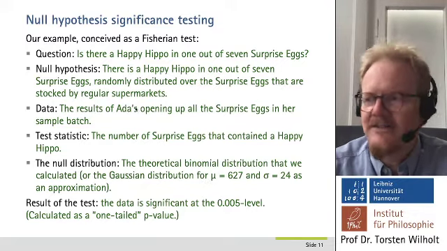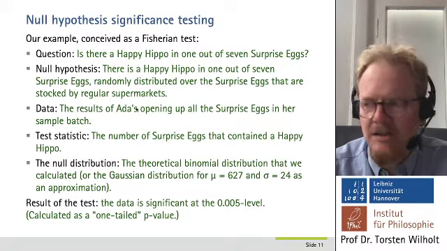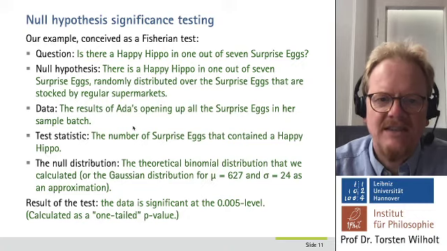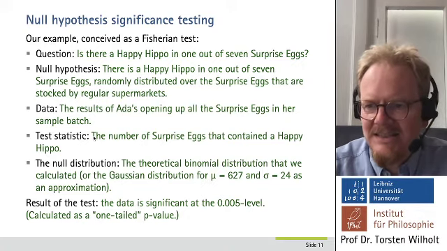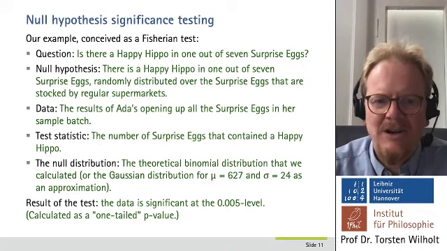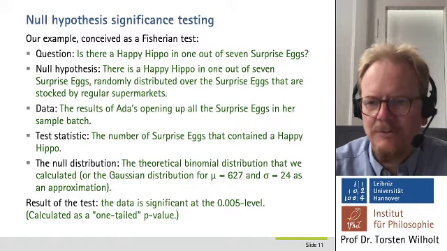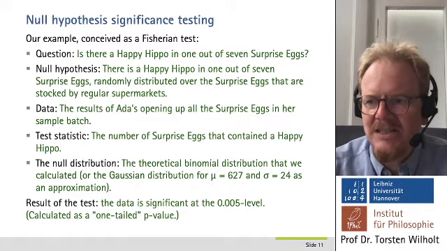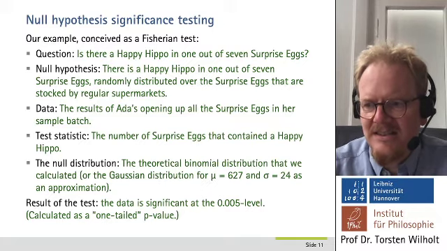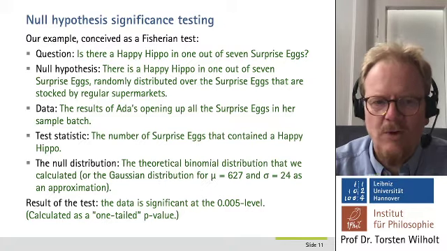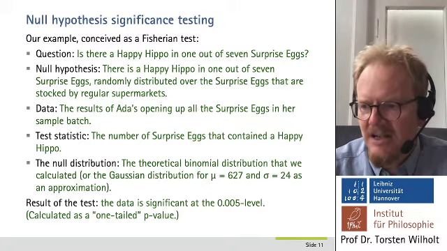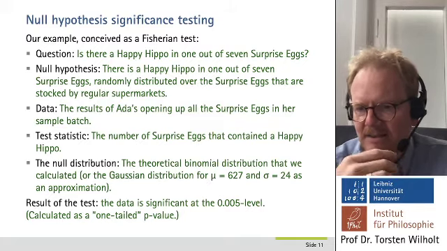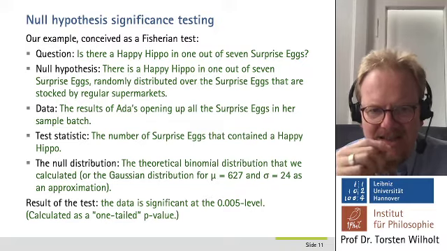That's her experiment, her observation, and the data are the results. And the test statistic here is just the number of surprise eggs that contained a happy hippo. So this is an extremely simple kind of test statistic. In this case, it's just one number, namely 599. But it illustrates the importance of choosing a test statistic.